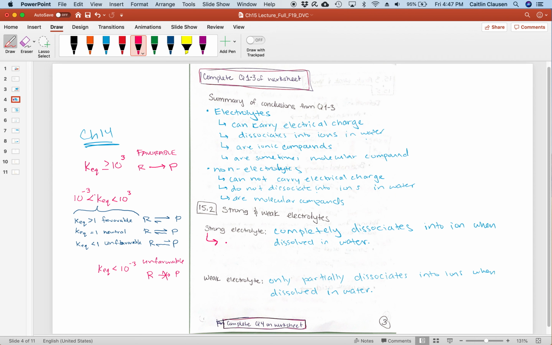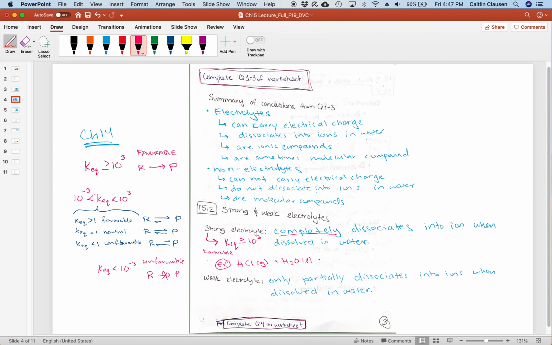For strong electrolytes, it must completely dissociate. That tells me we have to be here with our equilibrium constant. It's definitely going to be favorable, and we're going to have none of our initial molecule left over. So an example would be HCl gas dissolving in water.